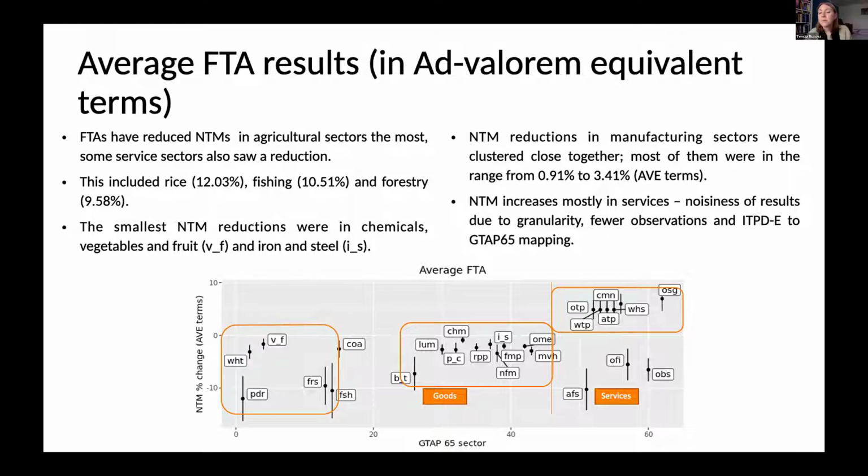As I said, this is probably more of a concordance quirk rather than a trend. But we can also see reductions in business services and financial services, so those are the reductions in the right-hand corner, OFI and OBS. Those two sectors have shown a reduction as well.